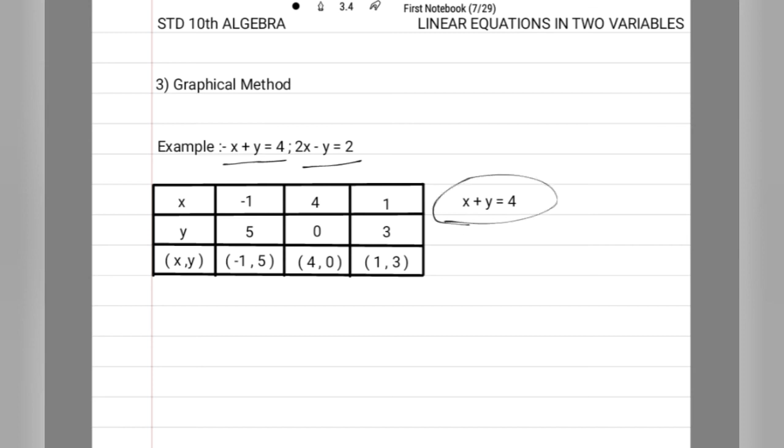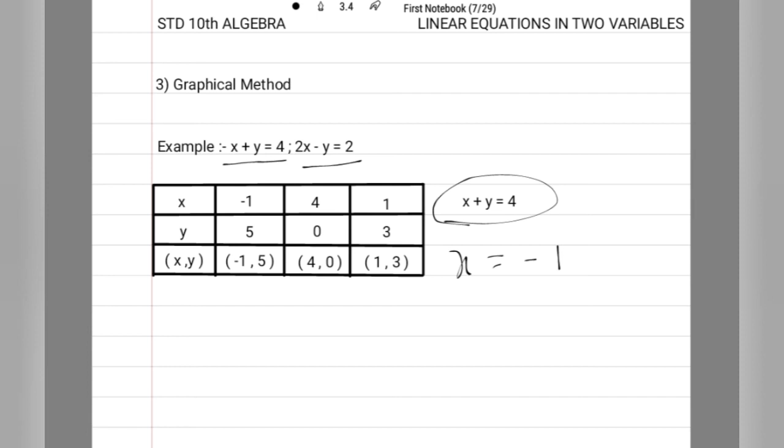For this we need to consider each equation and then find its points at which it gets satisfied, so that we can draw the line. Okay, so let's take the first point as x is equal to minus 1.